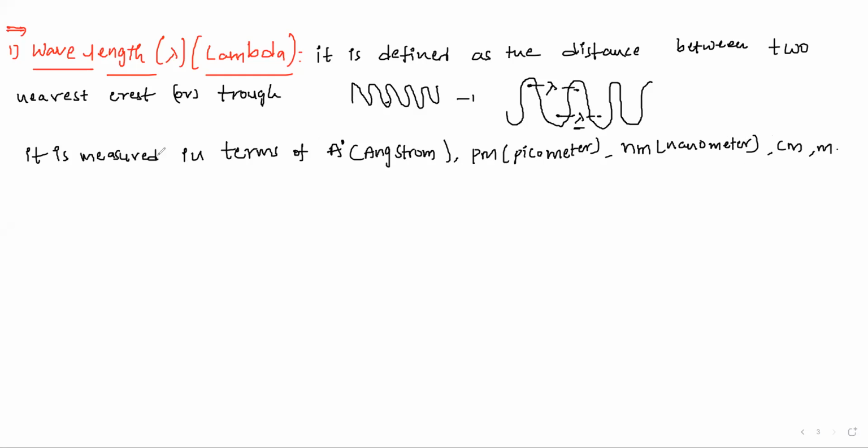Okay, actually 1 angstrom equal to how many meters? 1 angstrom equal to 10 to the power of minus 12 meters. Sorry, 1 angstrom equal to 10 to the power of minus 10 meters.